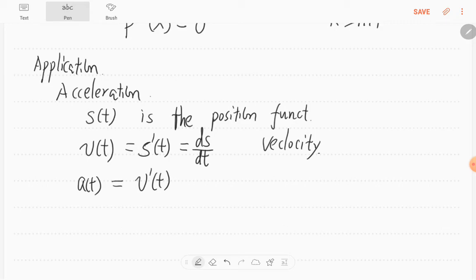Since v is the derivative of s, the acceleration is the second derivative of s.